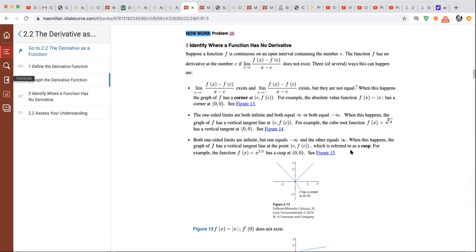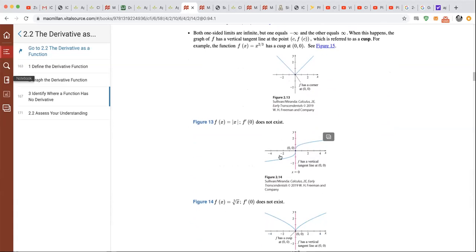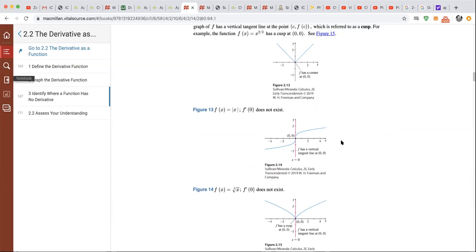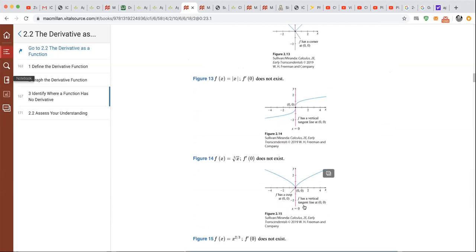Now, a slight variation on that theme: here, notice both of these, a vertical tangent line. As you come in from the right, you end up with a vertical tangent line. Coming from the left, vertical tangent line. This is positive slope, this is negative slope.